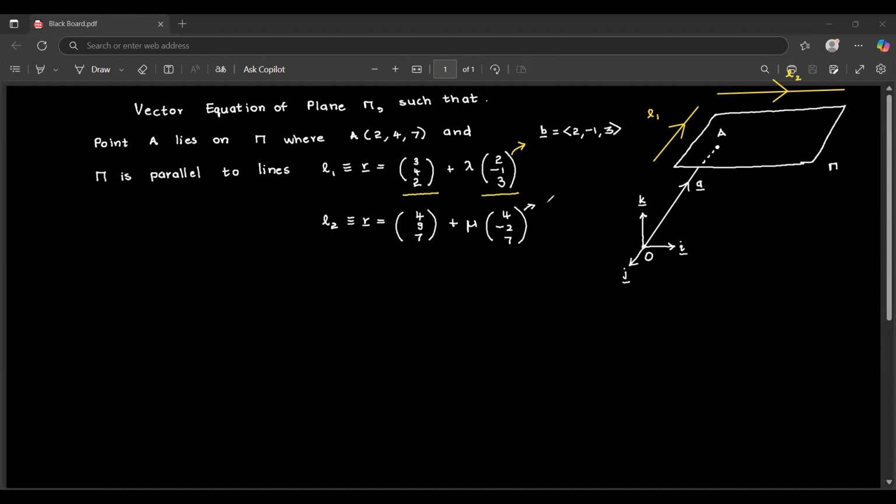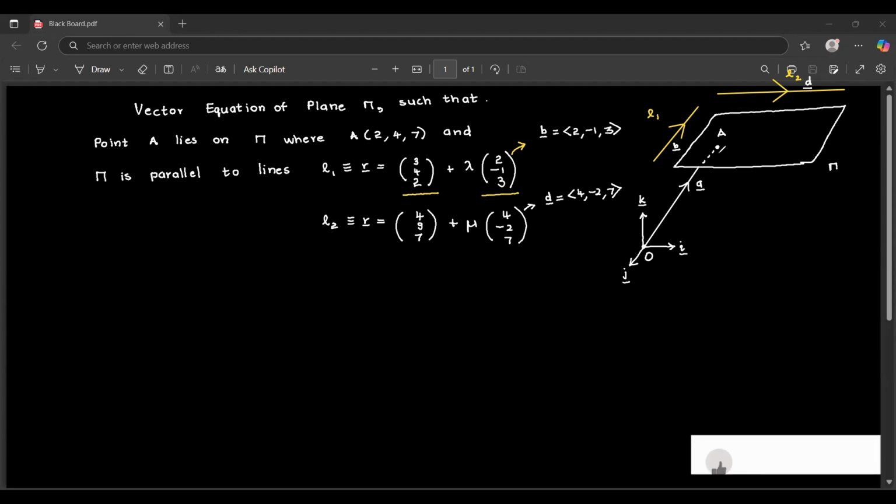And let's say this is d, so d can be given as 4, -2, and 7. Here b is parallel to pi. At the same time, d is also parallel to pi. That's the idea here. So we have two direction vectors and a position vector of a point on the plane, so we can come up with the vector equation of the plane.